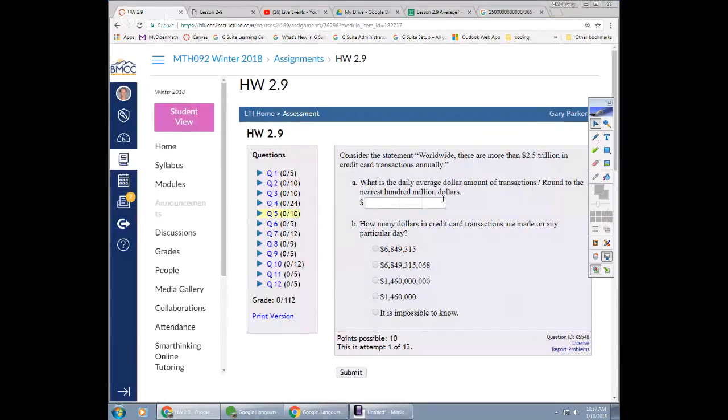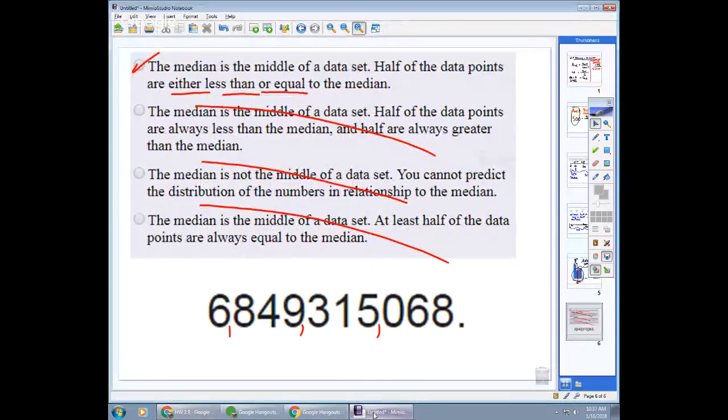Round to the nearest 100 million. So I want to round to that spot, right? So I would say it would be 6,800,000,000. That's the answer they want in the first part.